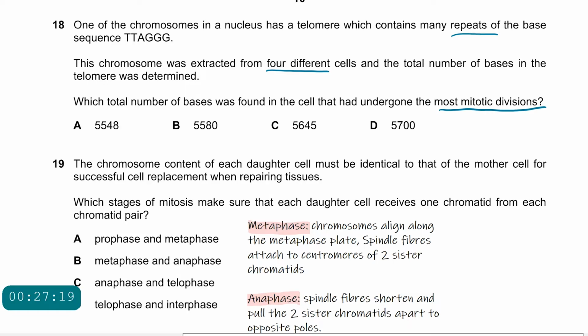The cell which has undergone the most mitotic divisions has the least number of telomeres. Why? Because each time the cell divides, a part of the telomere is lost, and if it divides again, another part of the telomere is also lost. Therefore, the cell which has undergone the most mitotic divisions has the lowest number of telomeres. In this case, the answer is going to be A.